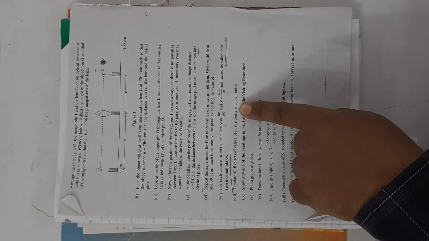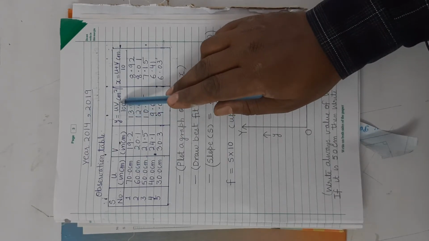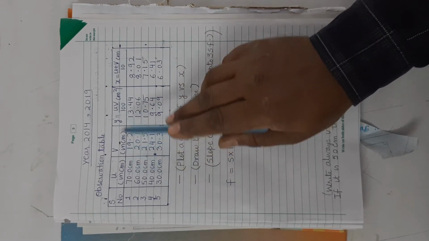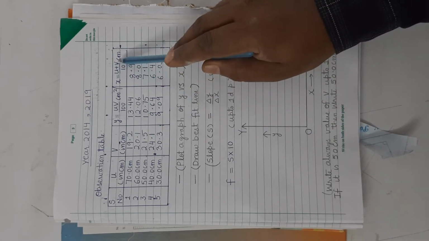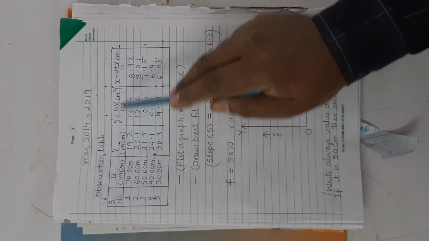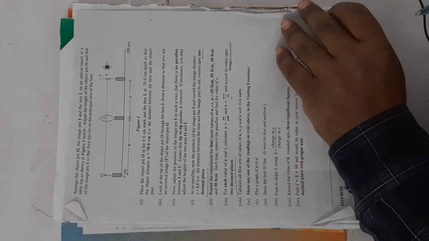You find the sentence where it is written tabulate. So the observation table must have these 4 columns, and these things should be written with their units. For example, y is u into v, centimeter into centimeter, that is centimeter square. x is u plus v, centimeter plus centimeter, means it will be in centimeter. It's clear?